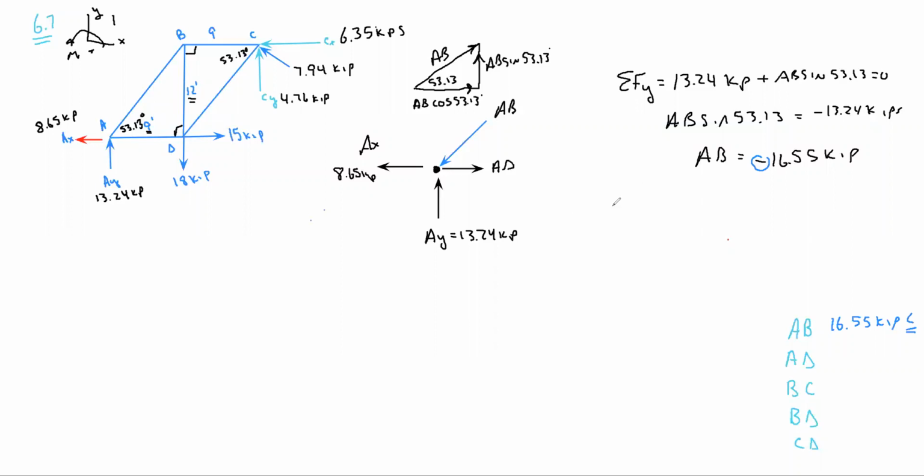All right, let's take a look at the summation of the forces in the x direction. We've got negative 8.65 kips plus AD.